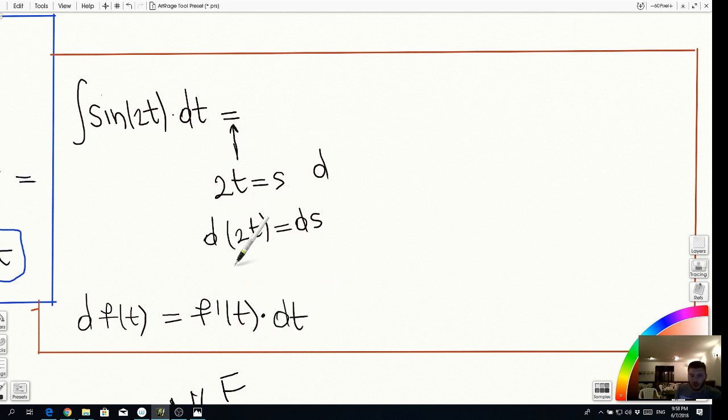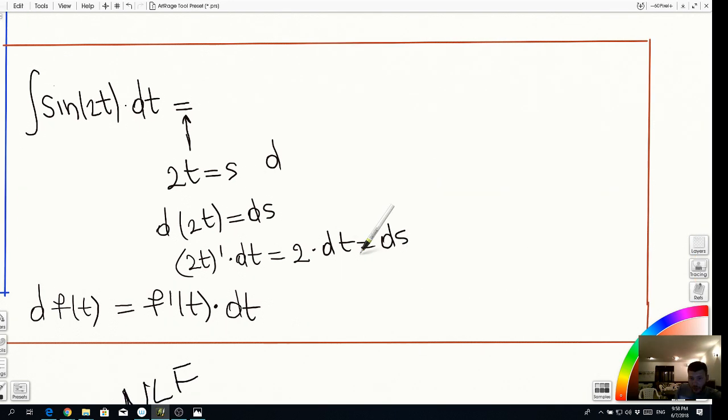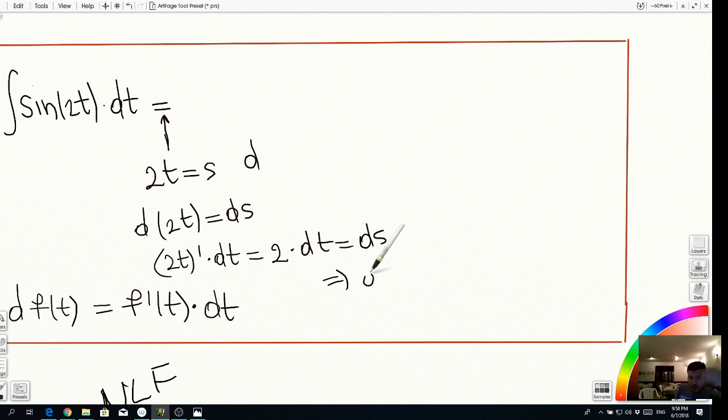So this is equal to derivative of 2t times dt, and that is equal to 2 times dt, and that is equal to ds, which means that half of ds is equal to dt.